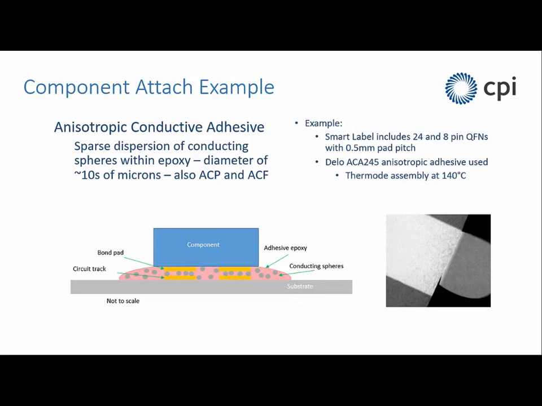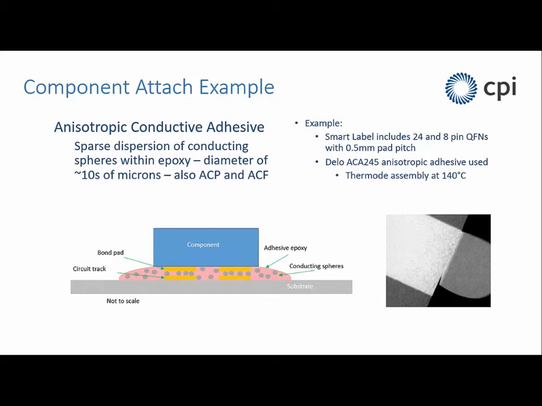However, probably the most common approach that we use for assembly, largely because it's simple, is anisotropic conducting adhesive. And isotropic conducting adhesive is simply an epoxy glue with silver built into it. So you add a bunch of silver in, and then you cure your adhesive, and you create a very good conductor.